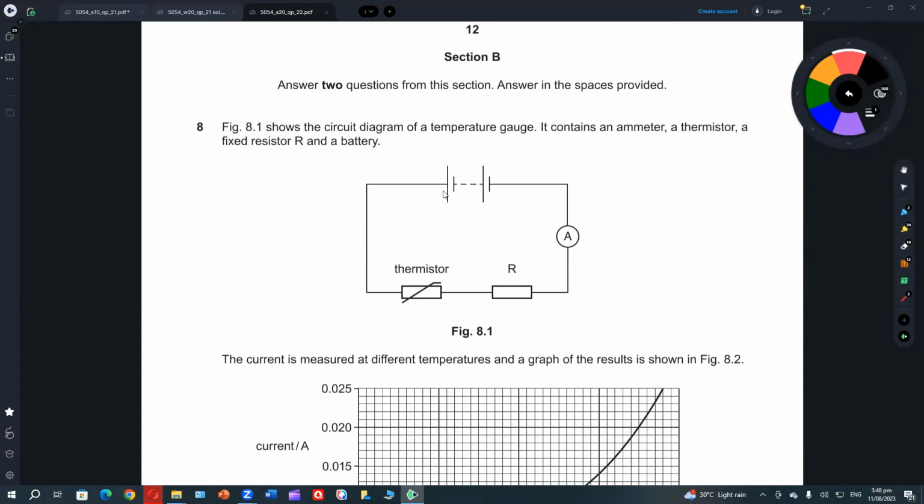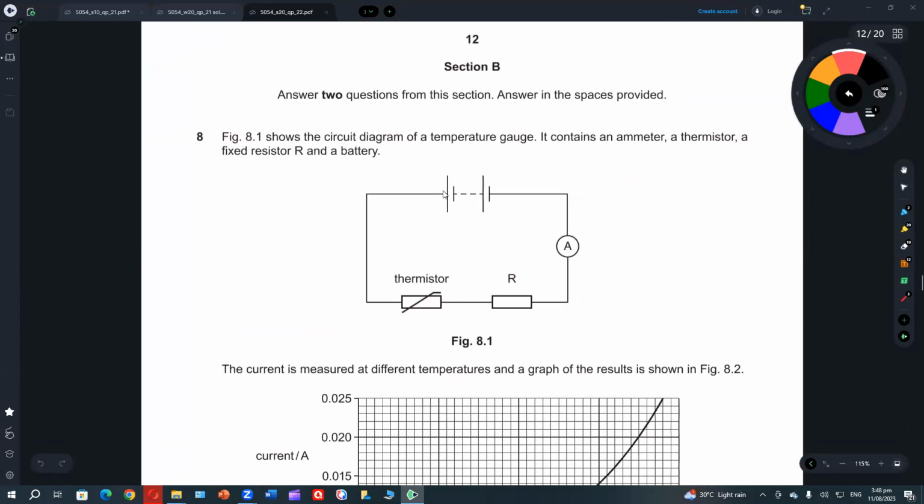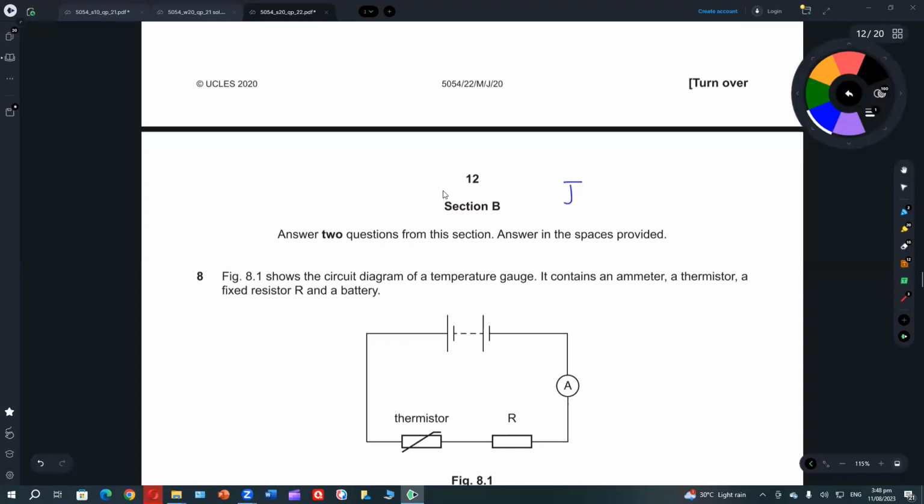The figure shows the circuit diagram. This is June 2022. Is it the question? Is it matching? Yes.